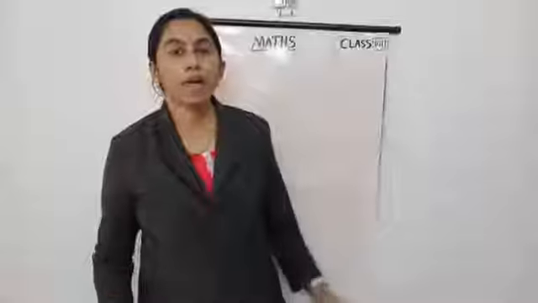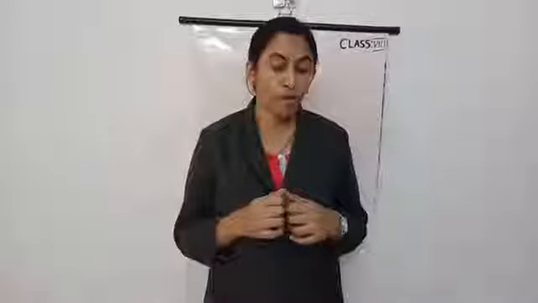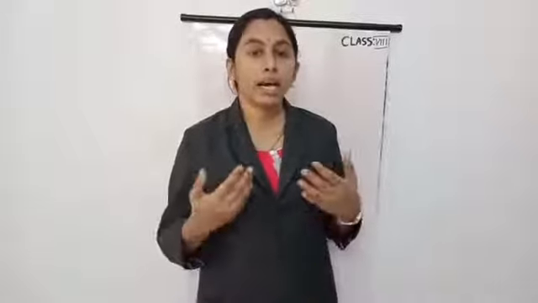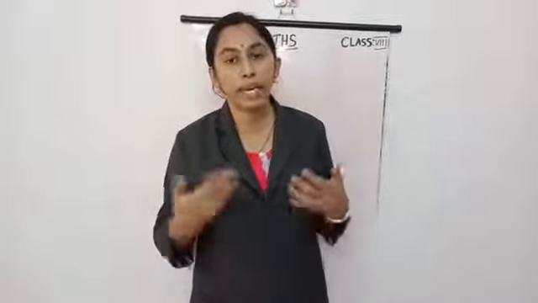I already told in the last class about the triangulation method for finding the area of a polygon. Polygon means a 3-sided figure, 4-sided figure, 5-sided, 6-sided, anything.